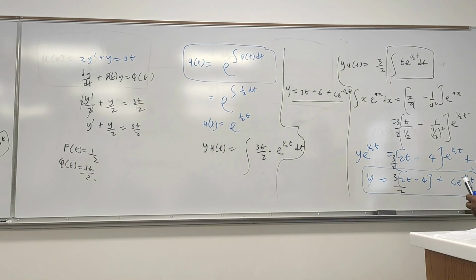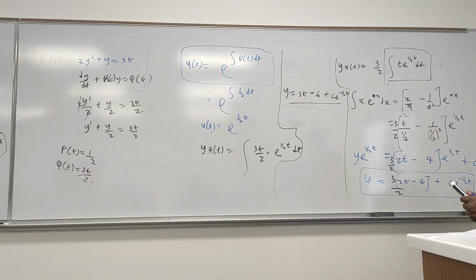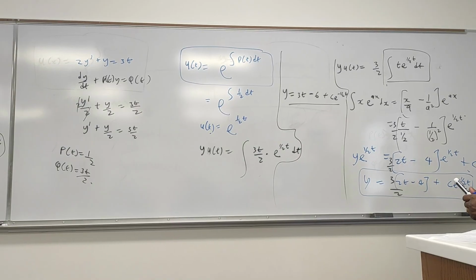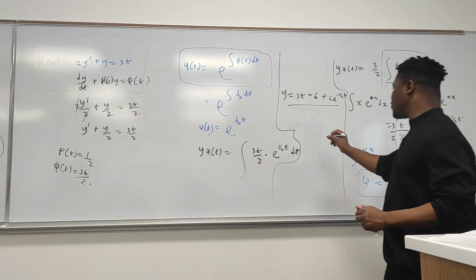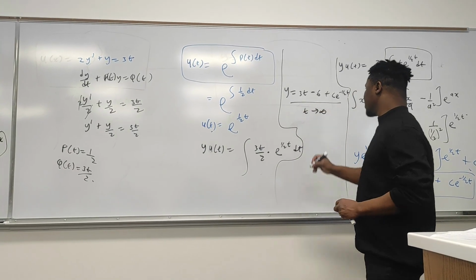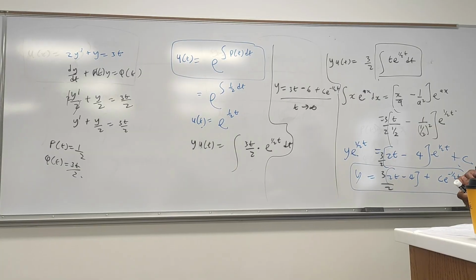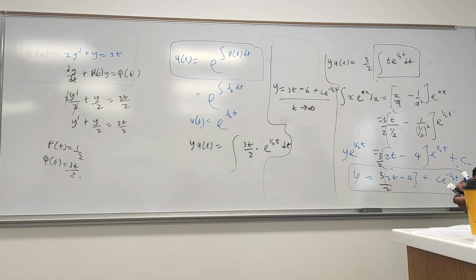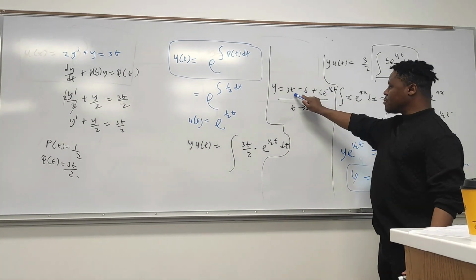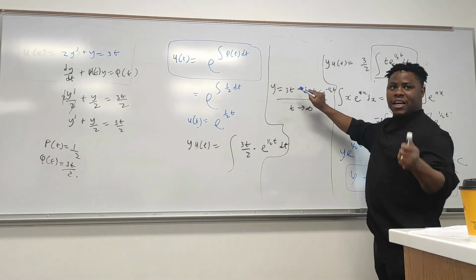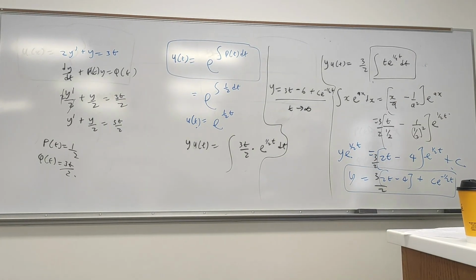Okay, so when t approaches infinity, what happens to the solution? Does anyone know? For those of you that have solved it, what happens? Infinity? It could be infinity or 3t, because if you look at it, this gets to 0 and this becomes ridiculously large. Wait, isn't it c e to the 1/2 t, not negative?